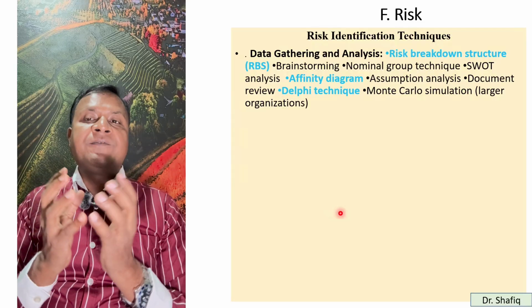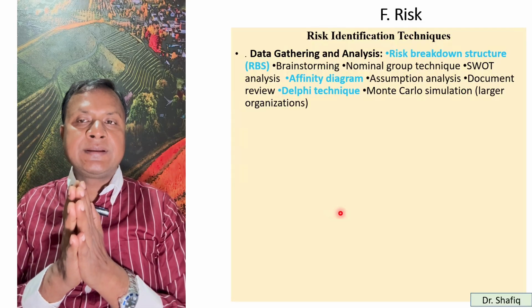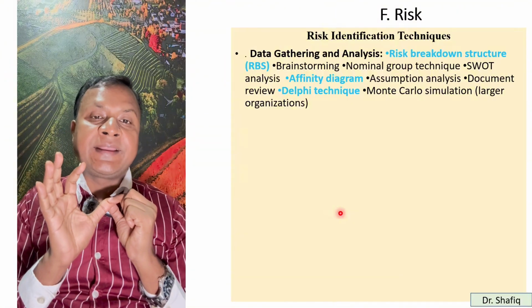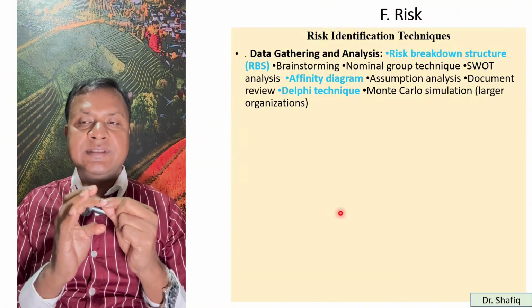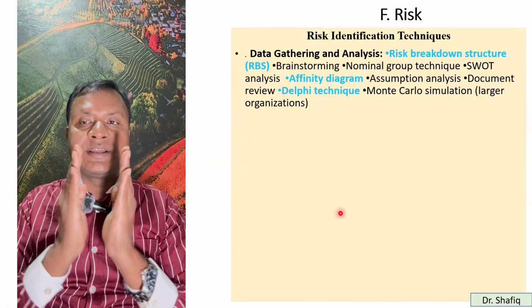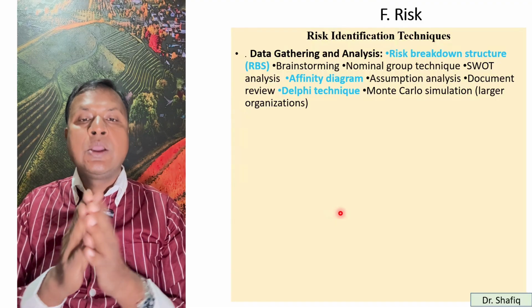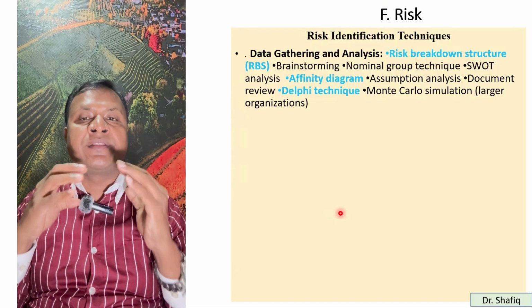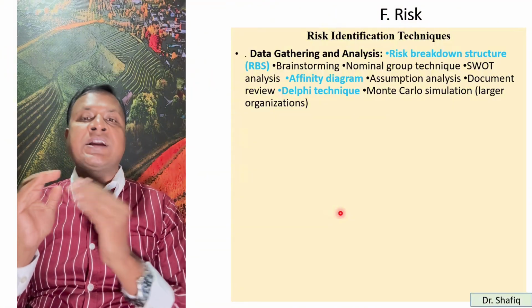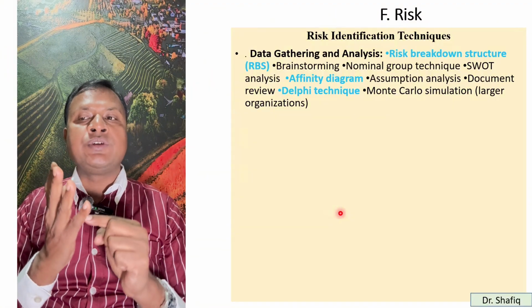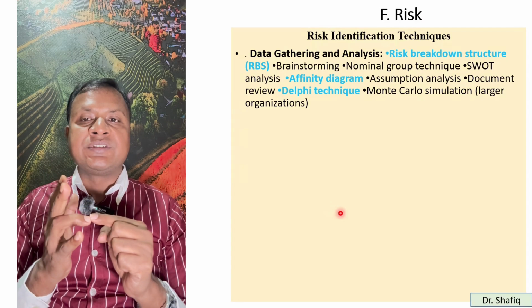So how to identify the risk? Risk identification techniques are there. First, you can gather data and analyze them. You can break down the risks, which we call RBS, risk breakdown structure. We can do brainstorming analysis or nominal group techniques. We can do a SWOT analysis, strengths, weaknesses, threats, and opportunities.